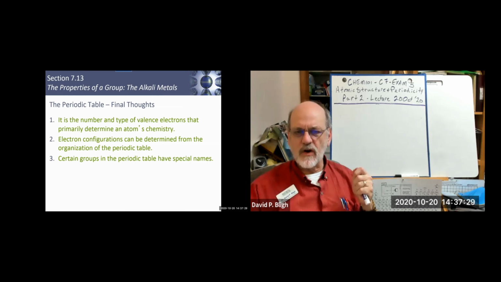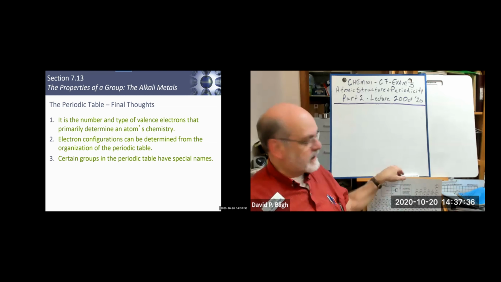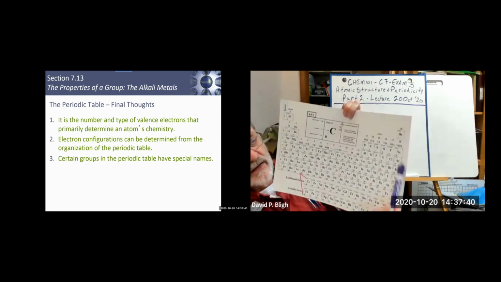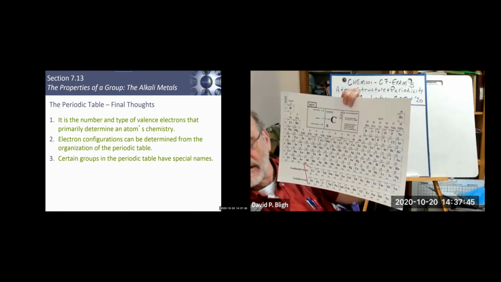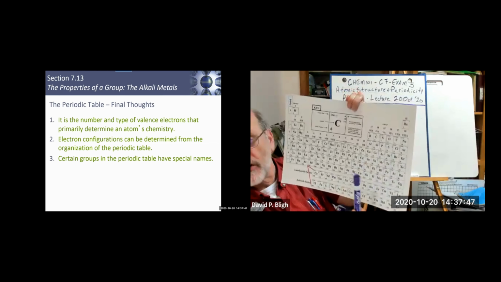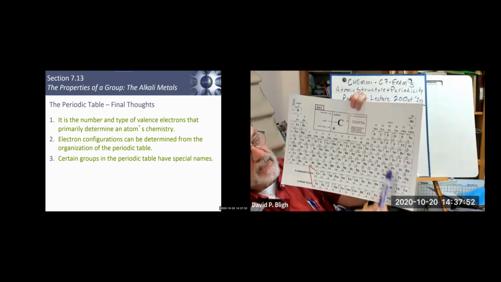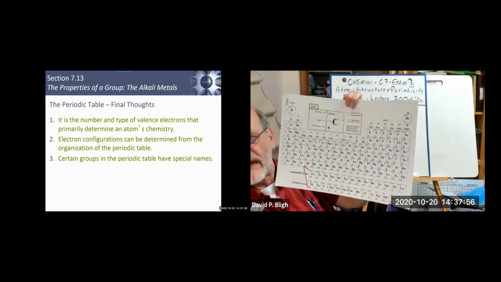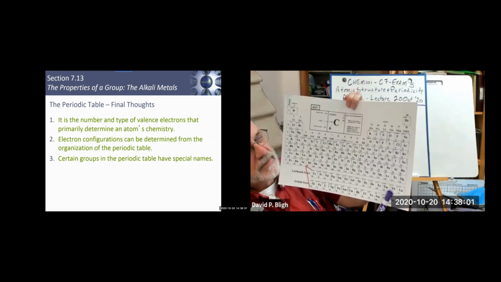We didn't mention this earlier, but certain groups of the periodic table have special names. If you start from the right, of course, the noble gases, the halogens here. To the left of them, the oxygen group, which are called the chalcogens, C-H-A-L. The nitrogen group is the pnictogens, starts with a silent P, P-N-I-C-T-O, pnictogens.